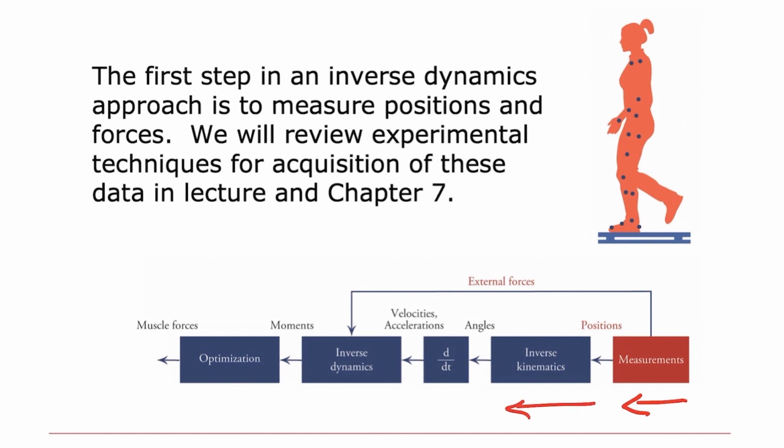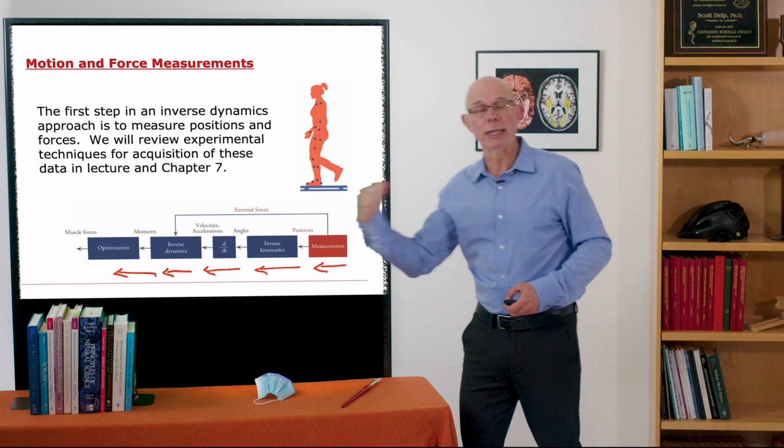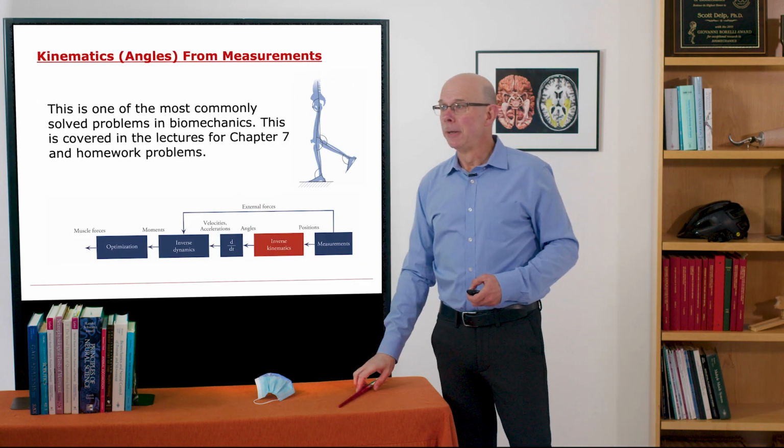By solving a problem called inverse kinematics, we compute the joint angles, and then by differentiating those joint angles, we figure out the velocities and accelerations. We then use inverse dynamics to figure out the moments and optimization to estimate muscle forces. So you can see we're moving in the opposite direction as we did in the forward dynamic process.